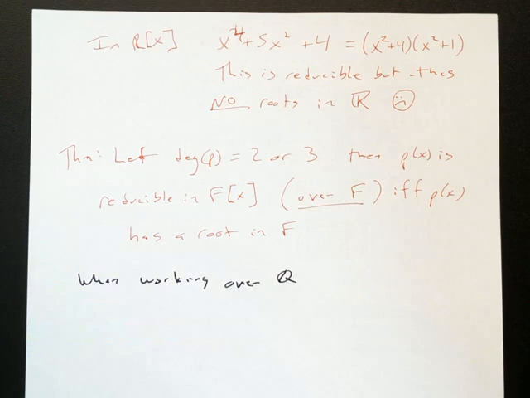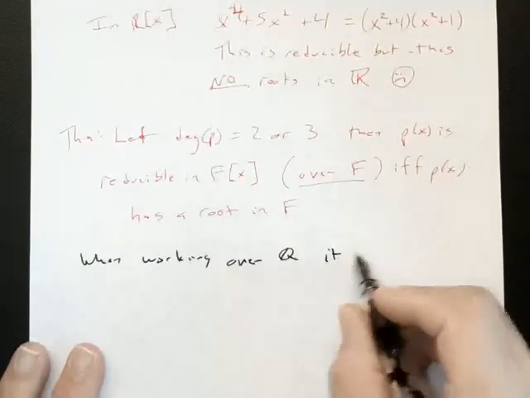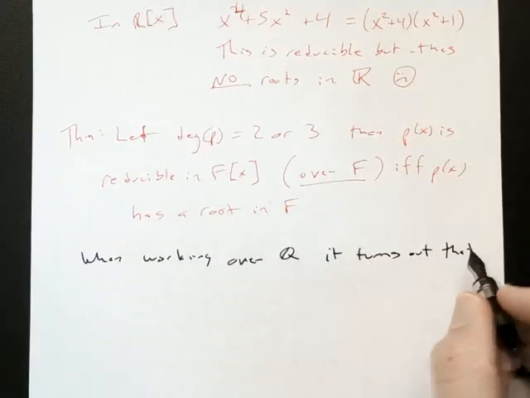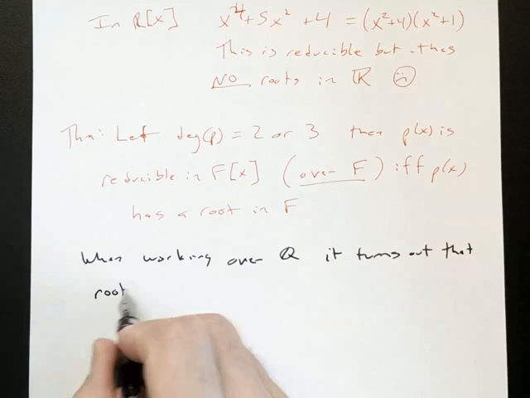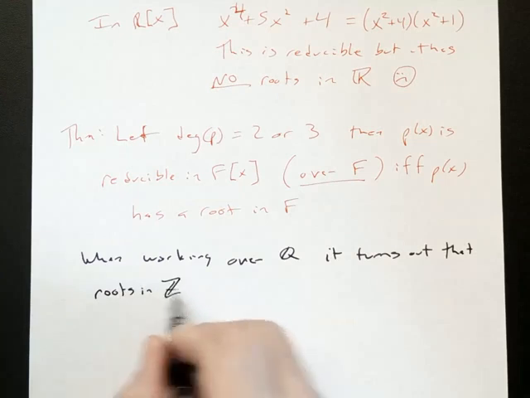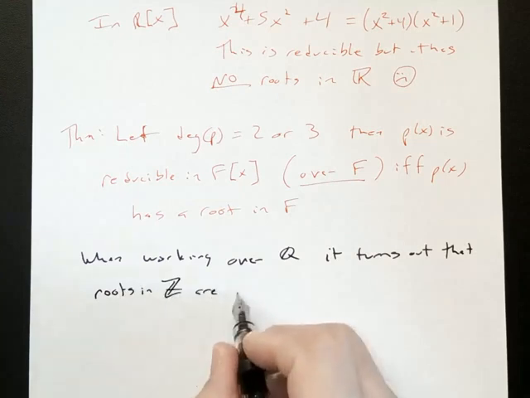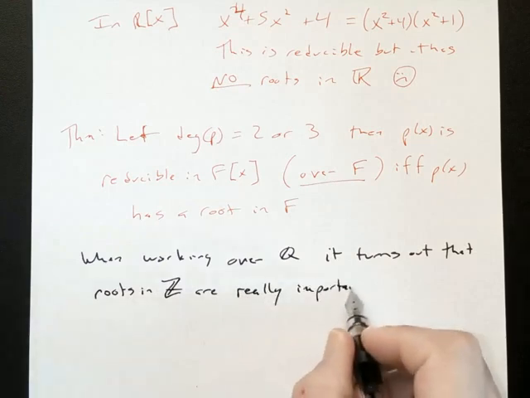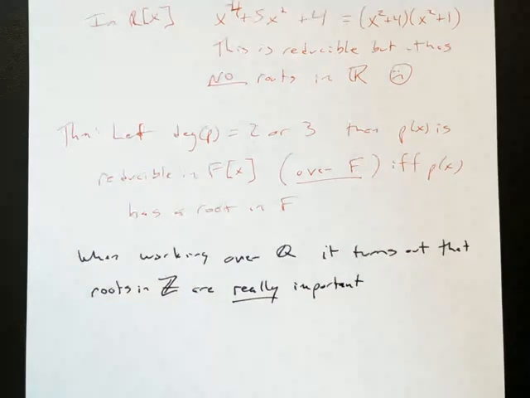So when working over Q, working with polynomials in Q[x], it turns out that your integer roots actually matter more.